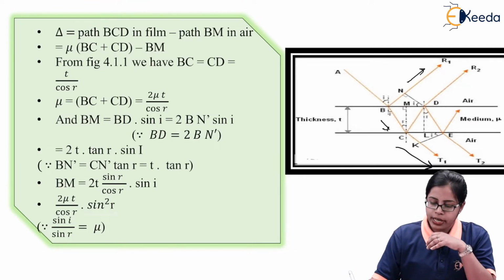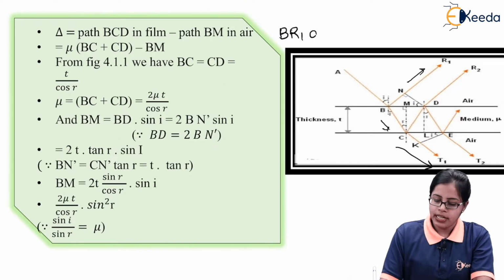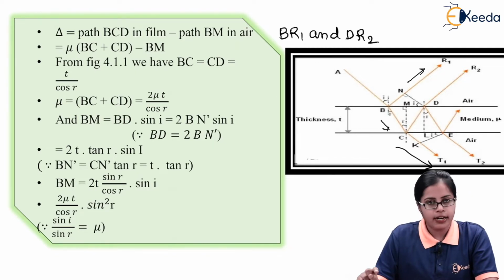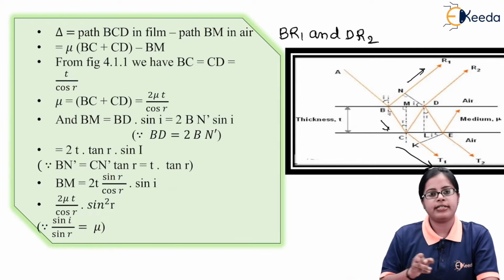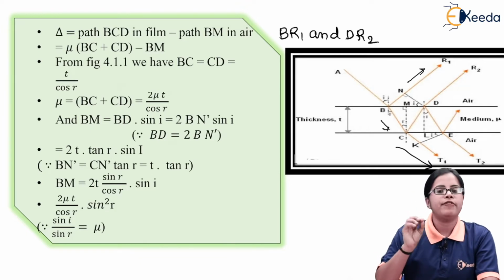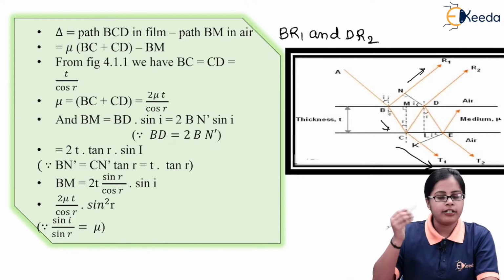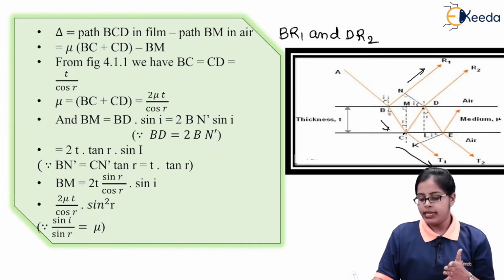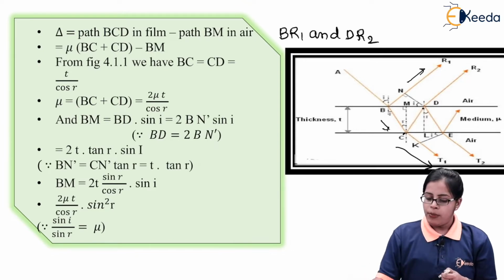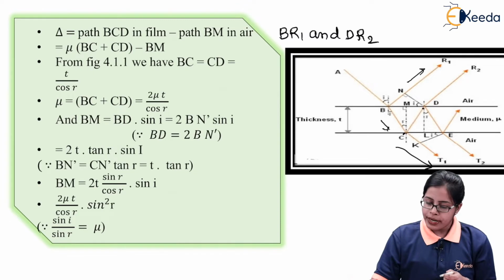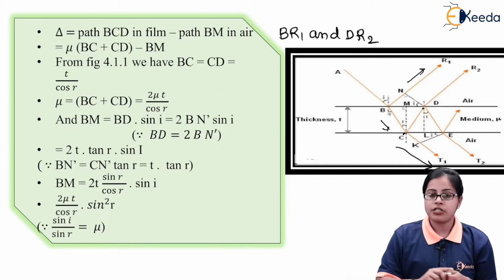So when I talk about the two rays, that is BR1 and DR2, the ray BR1 is directly coming after the reflection at point B. But the ray DR2 is not coming directly from point D. If you backtrace the ray DR2, before point D the ray was coming from point C, and as I backtrace it again, it was coming from point B. So the ray BR1 comes directly from the incidence at point B, but the ray DR2 is obtained from the ray which is coming from B.